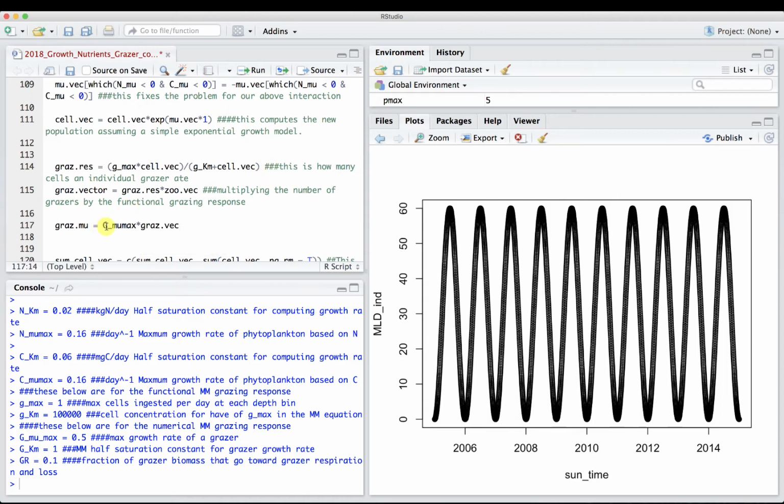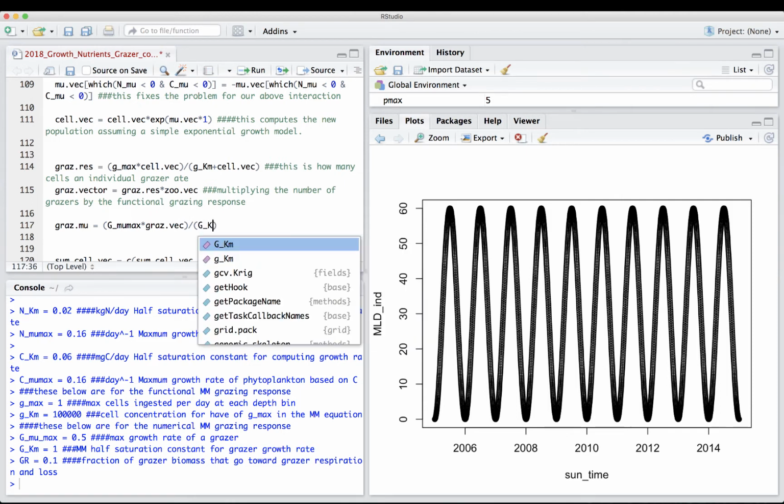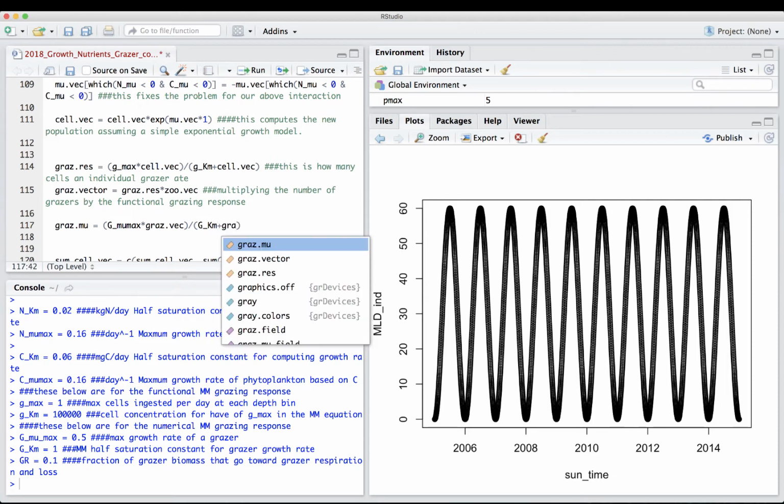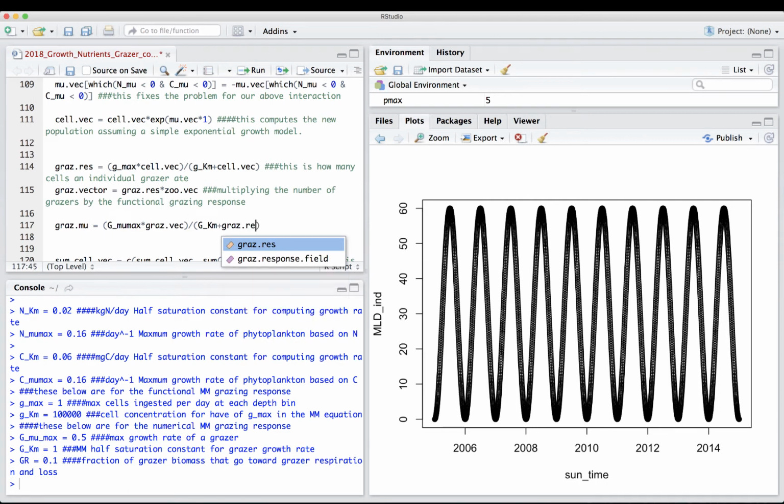Let's go ahead and this here, divided by, remember this is the Michaelis-Menten form, our half saturation constant for grazing, Graz dot, whoops, I'm sorry. This should be Graz response.